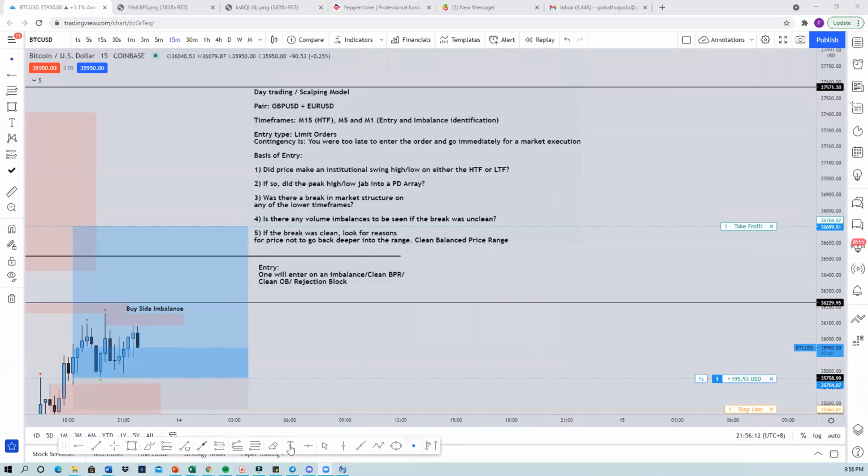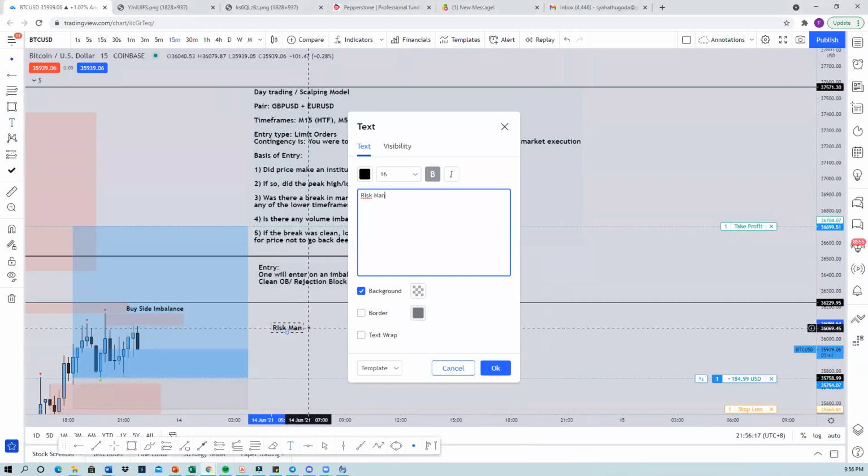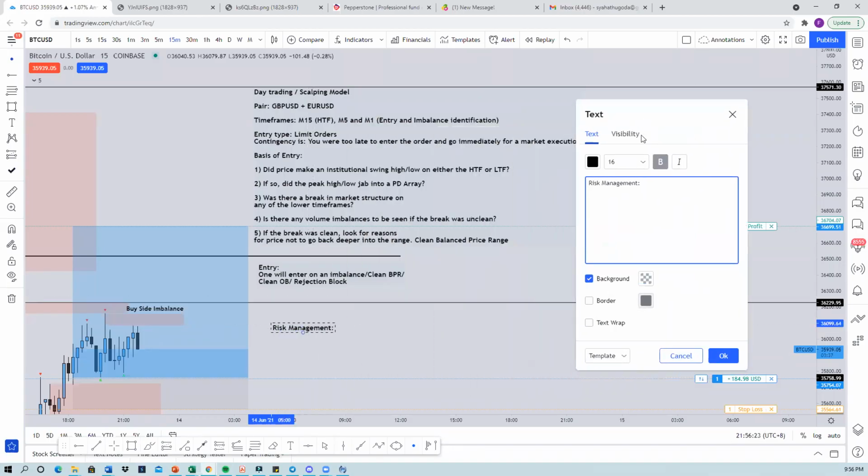Okay, so then let's add the next part, the risk management part. We have risk percentage, 1% or less, right?